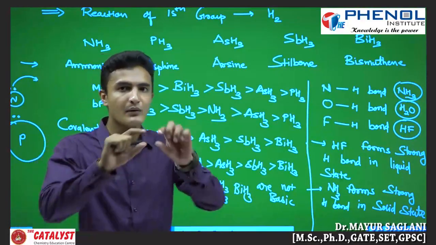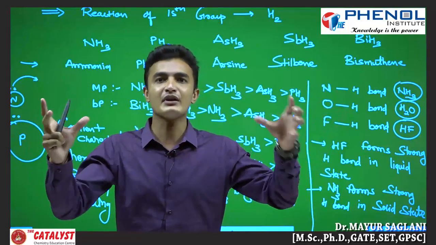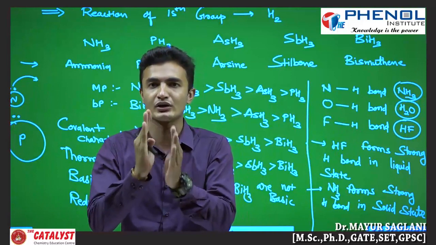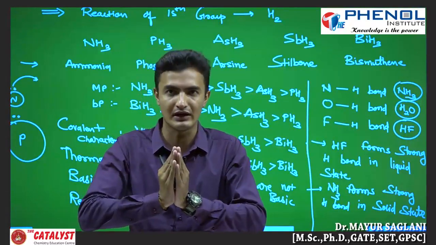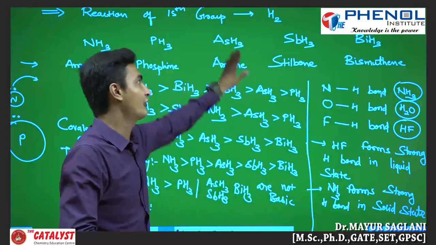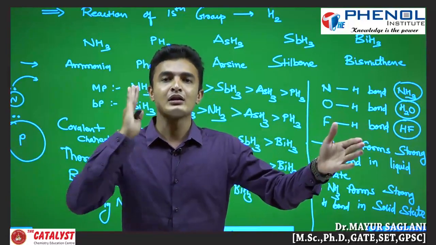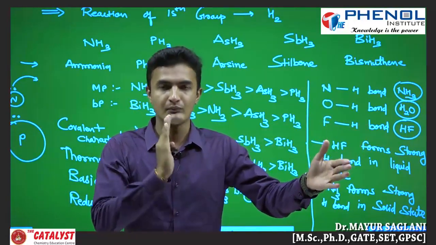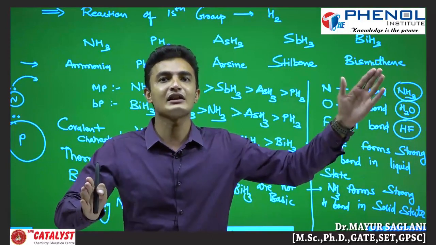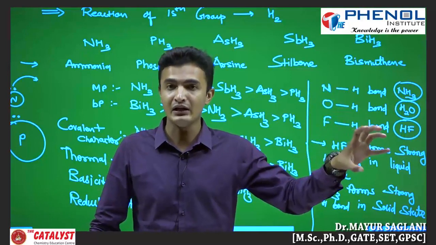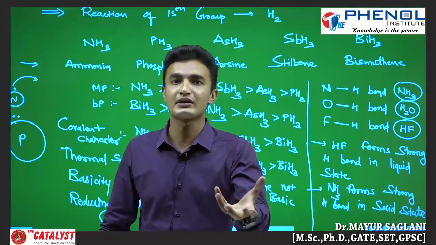Okay. So if you compare bond length again, bismuth and hydrogen have the longest bond length and nitrogen and hydrogen have the shortest bond length among the hydrides of the 15th group family. So the longer the bond length, the easier it is to break that bond, and there will be a fast liberation of hydrogen. The faster the hydrogen is liberated, the better the reducing compound.